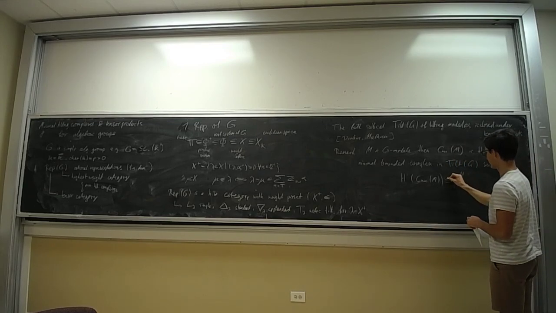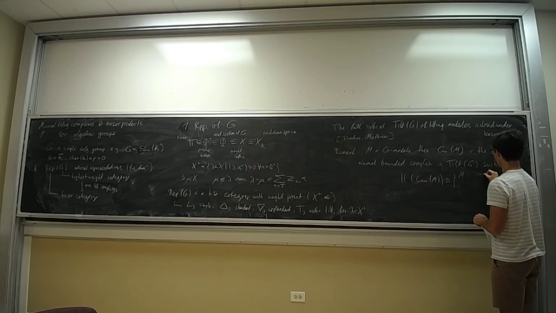So it's going to be isomorphic to M if you take i equal to 0, and it's going to be 0 everywhere else.